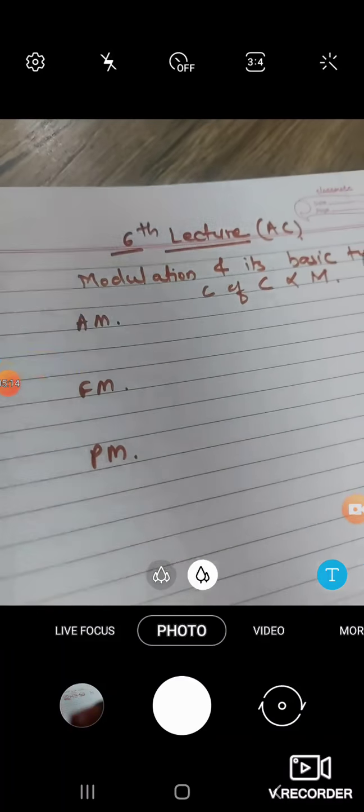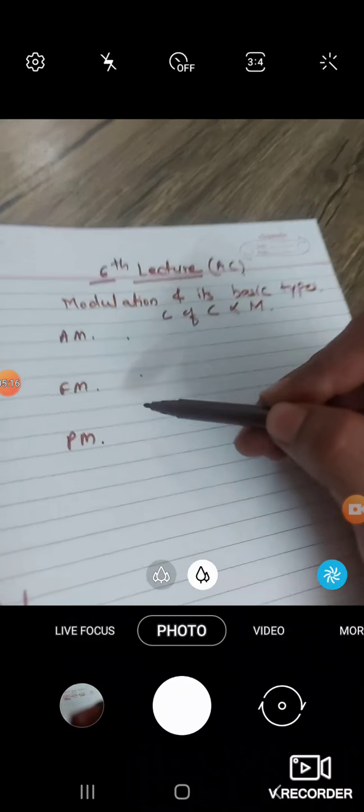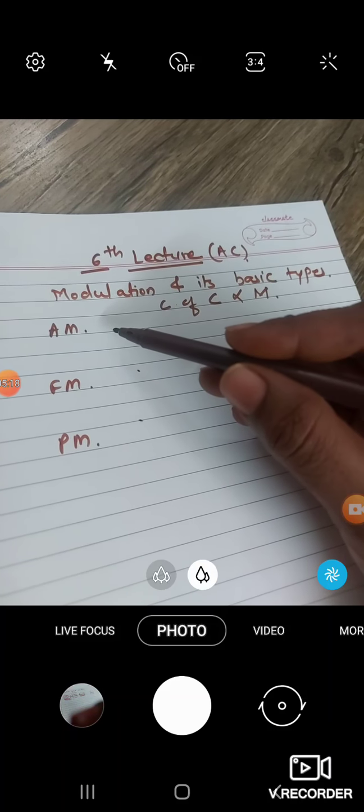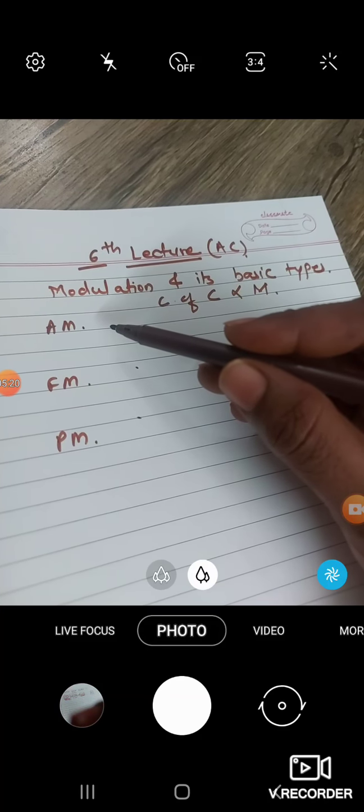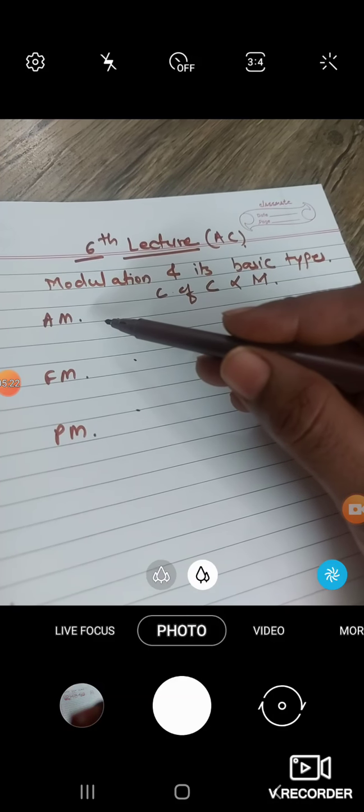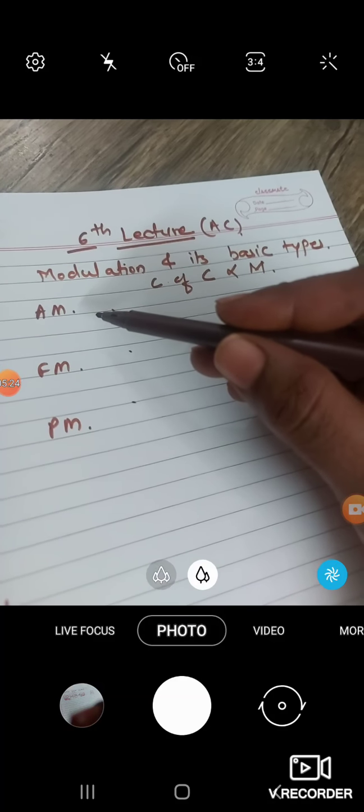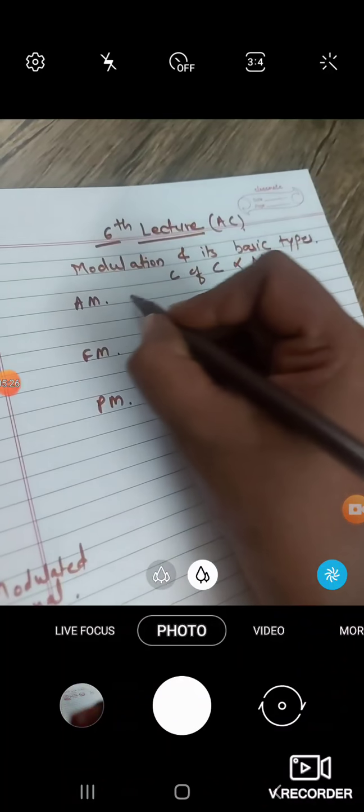Whichever of the three modulations it is, always the characteristics of the carrier change in proportion with the characteristics of the modulating signal.